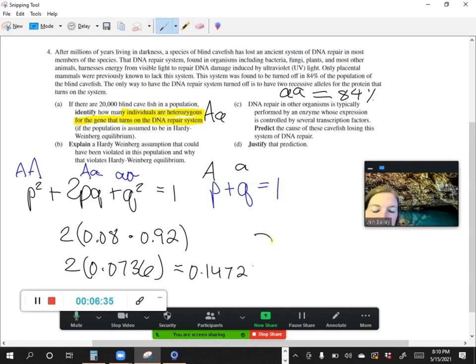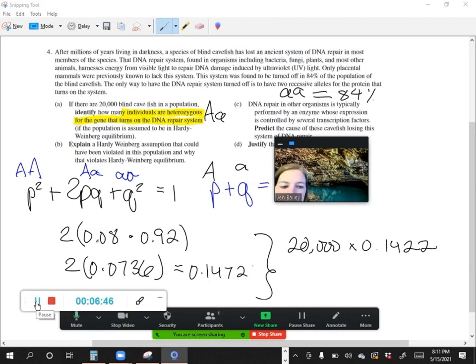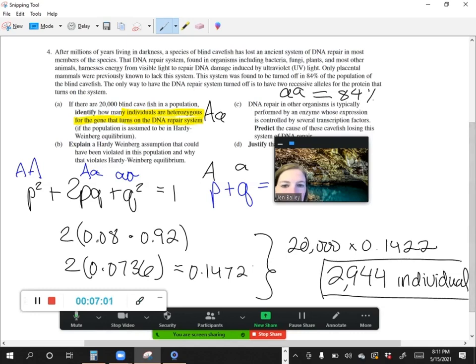We multiply 20,000 times 0.1472, and that gets us 2,944 individual cavefish. This is not a percentage, and that's what they asked for, individuals. So that is how you do this first one.